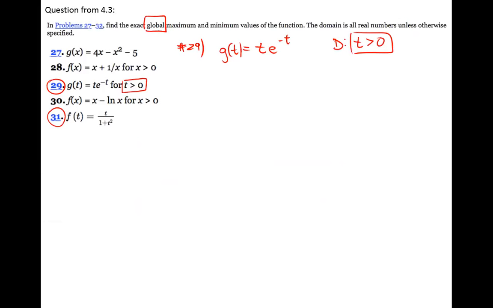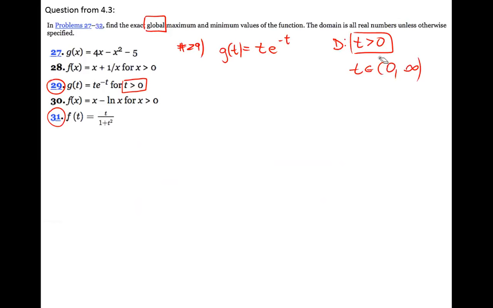And what we will do, let's start with the critical points. Since the domain is not defined as a closed interval, we don't have really the values at the endpoints, because 0 is not included, and then infinity, that's because t goes from 0 to infinity.